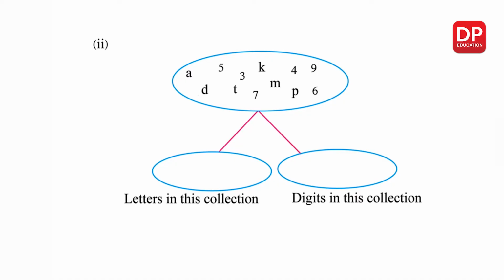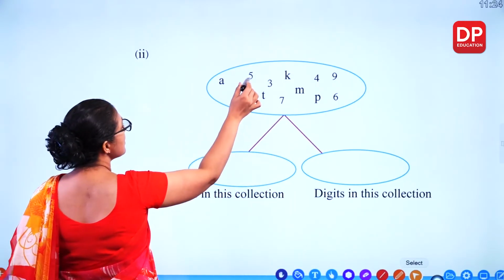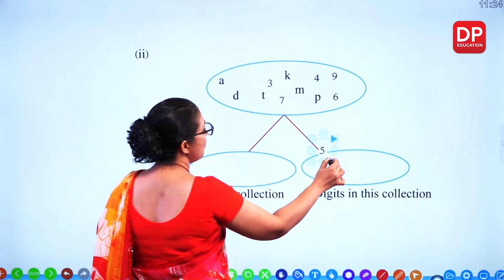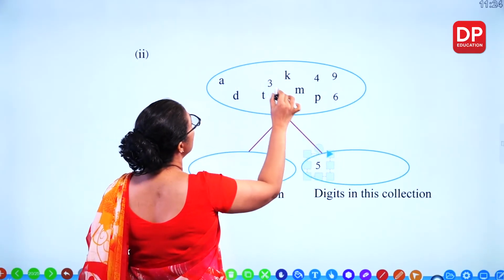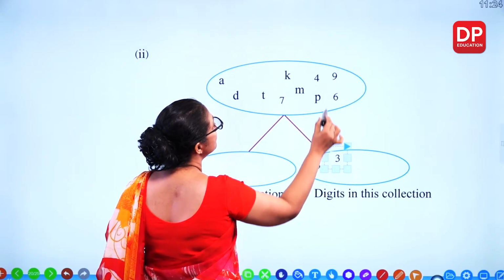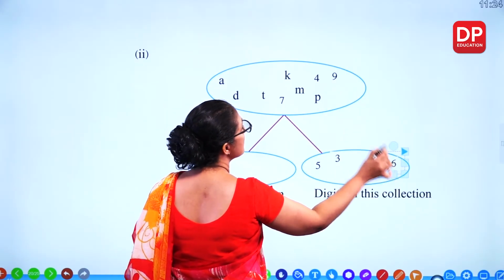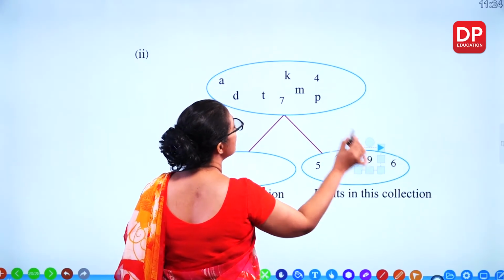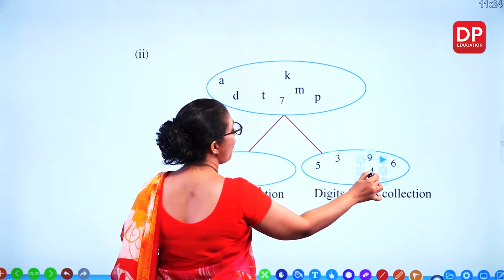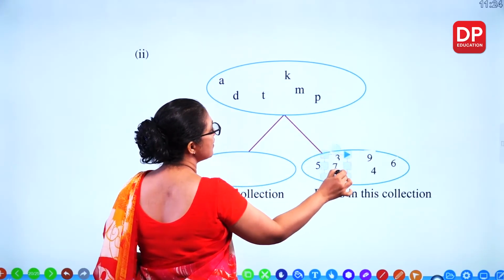Look at this one. Letters and digits. You have to divide these into letters and digits. Digits will take 5, 3, 6, 9, 4, 7.